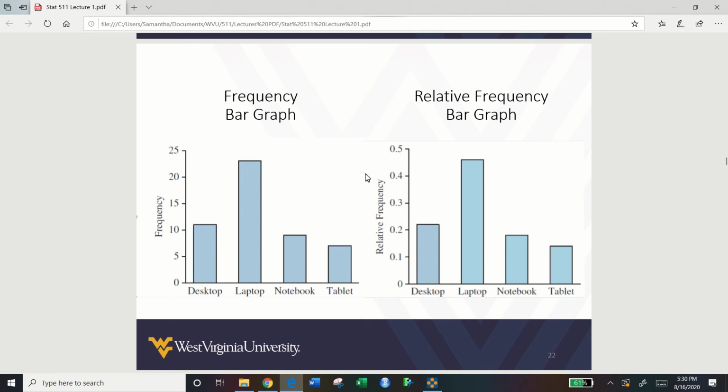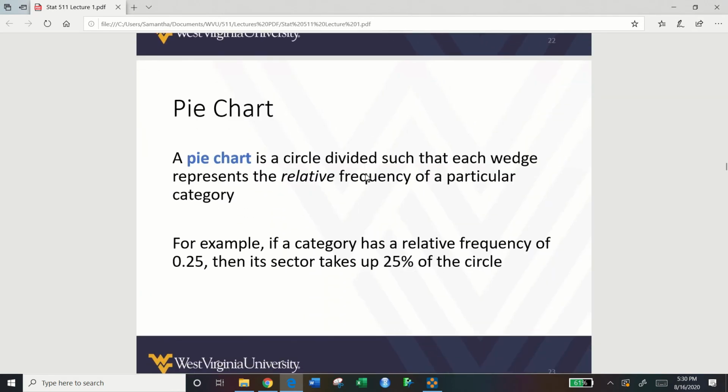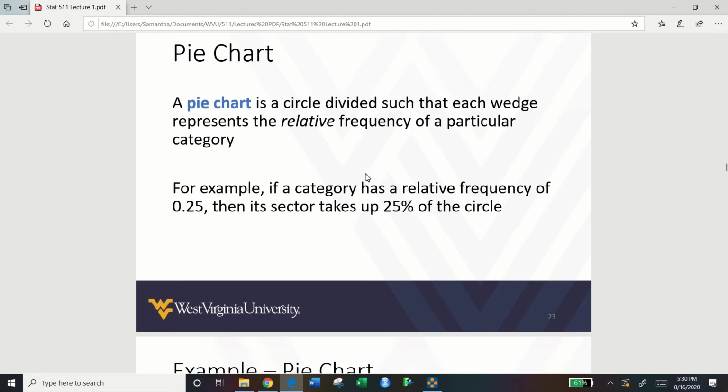and we can see the similarities and differences of our frequency and our relative frequency bar graphs. Another option is to use a pie chart, and a pie chart is a circle divided such that each wedge represents the relative frequency of a particular category. So for example, if a category has a relative frequency of 0.25, then its wedge should take up 25% of the circle.